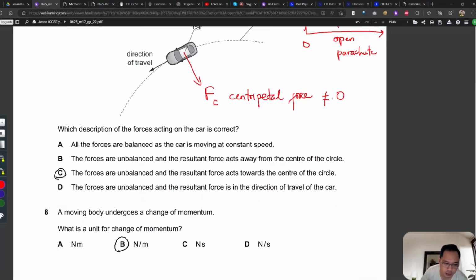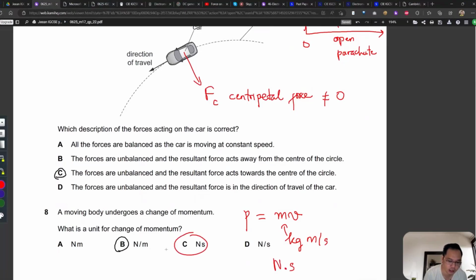Okay. Question 8. A moving body undergoes a change of momentum. What is the unit of change of momentum? Momentum is mass multiplied by velocity, and therefore its unit is kilogram meter per second. But it also has an equivalent unit, which is Newton times second, not divided by second.